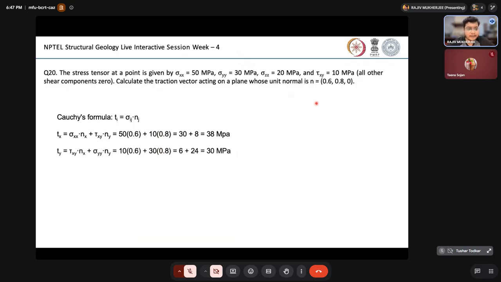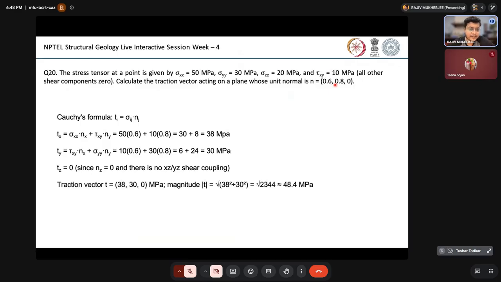Similarly, you calculate ty, you get this value, and tz is equal to 0, since nz is 0 itself, and there is no xz or yz shear coupling, because only the xy shear stress is given and all other shear stress components are considered 0.